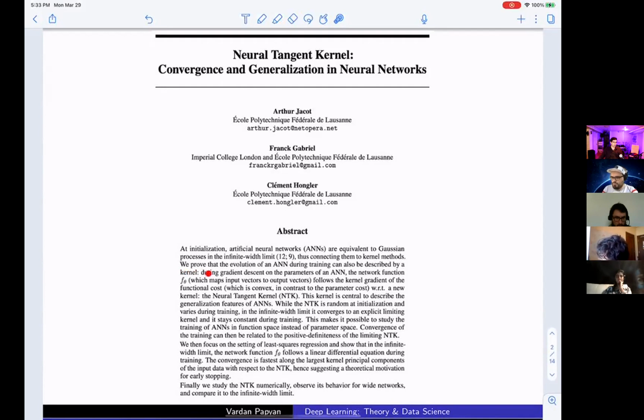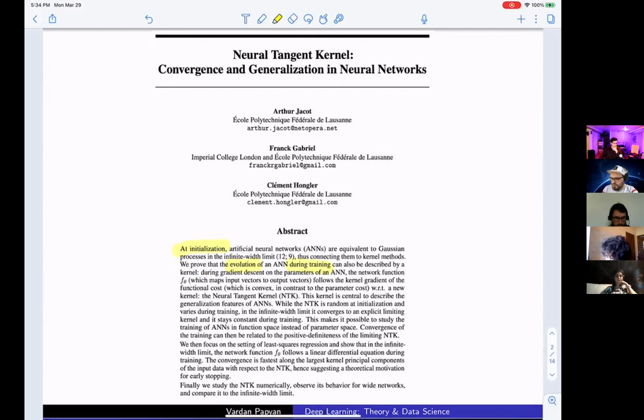So we prove that the evolution, you see the word evolution is important, of an artificial neural network during training, not at initialization, during training, can also be described by a kernel during gradient descent on the parameters of an artificial neural network.